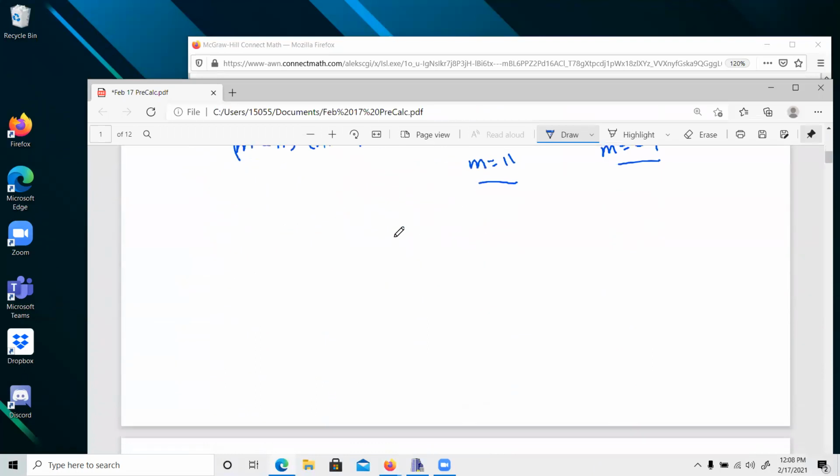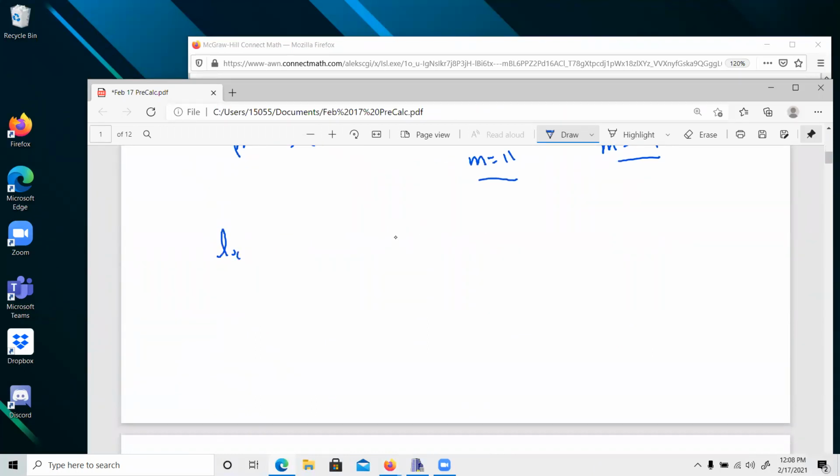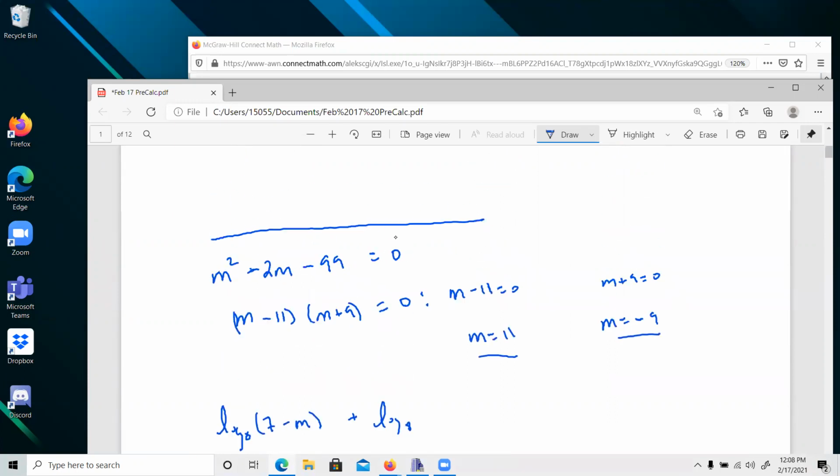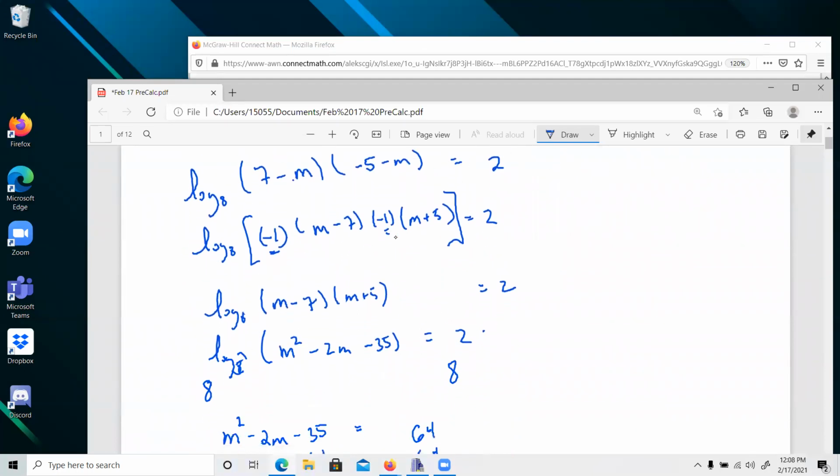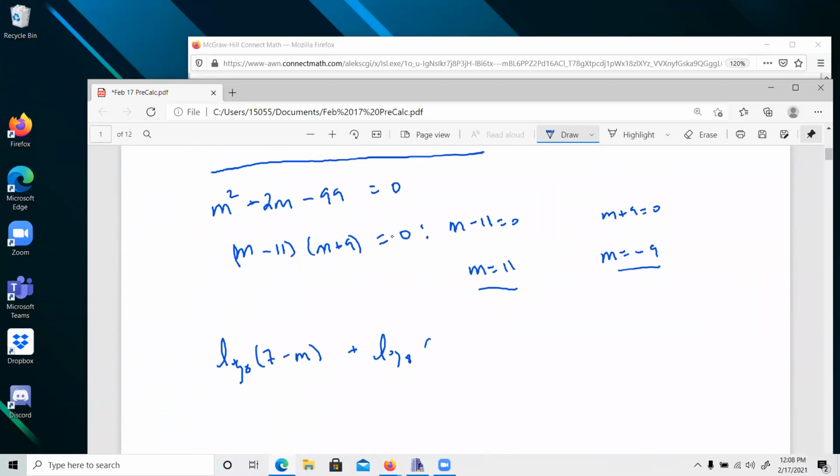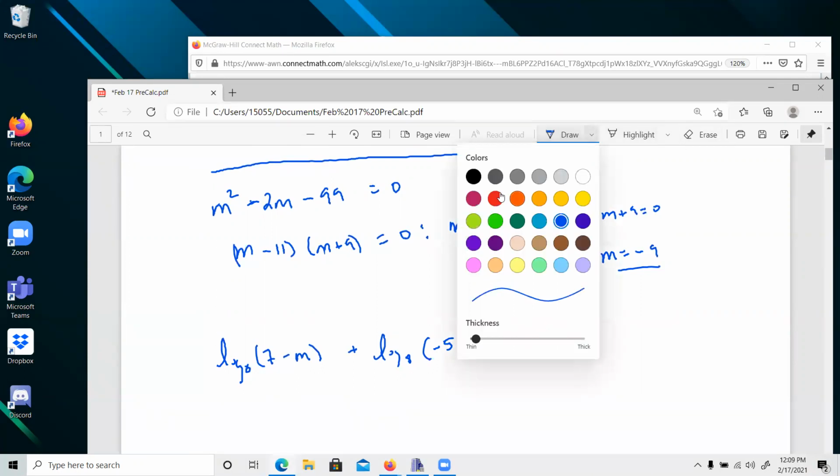So this was log base 8 of 7 minus m plus log base 8 of 5 minus m is equal to 2. Now, you usually don't care whether or not you get the arithmetic right that goes in here. We're not checking for accuracy. We're checking on which of these actually fits in my domain. Okay, so here's my check.